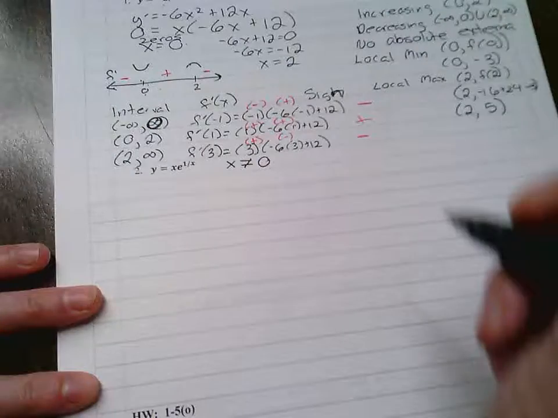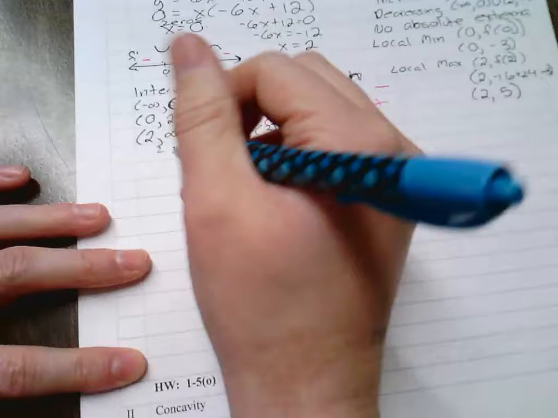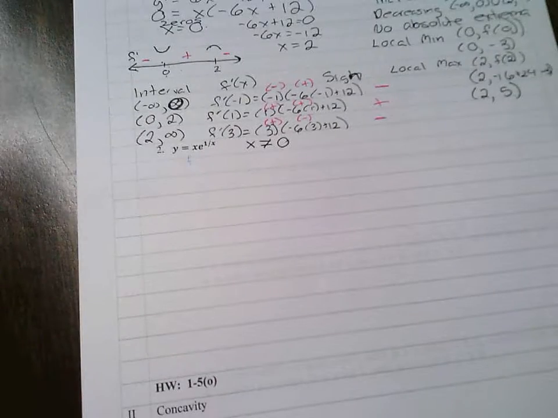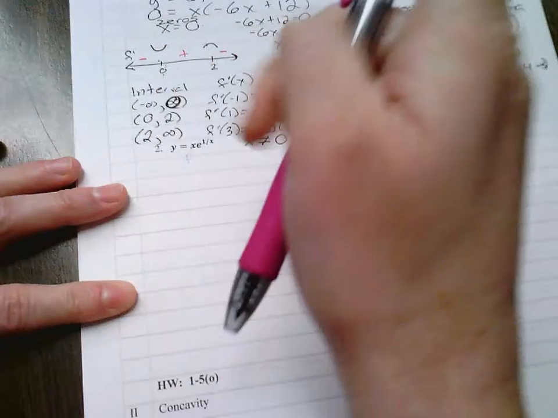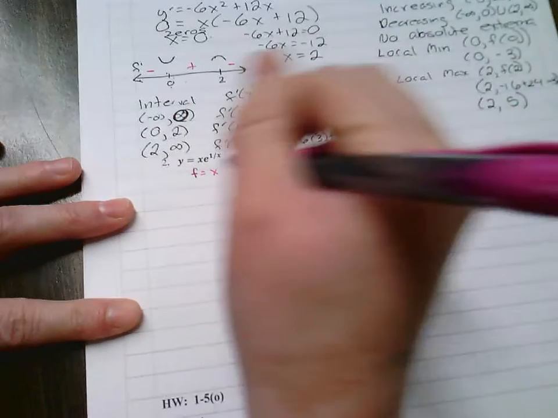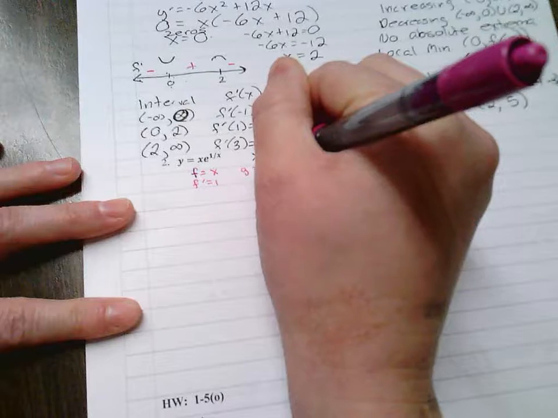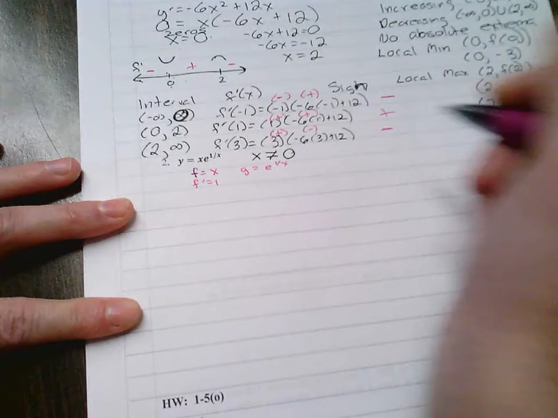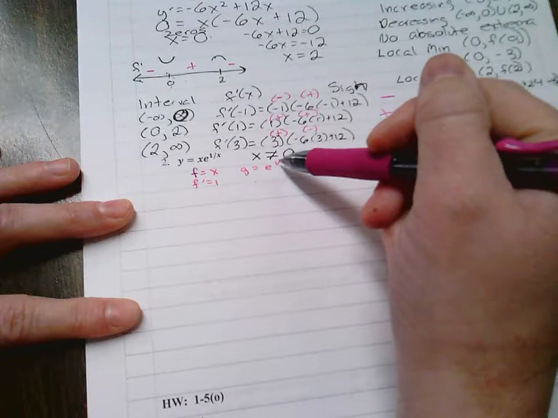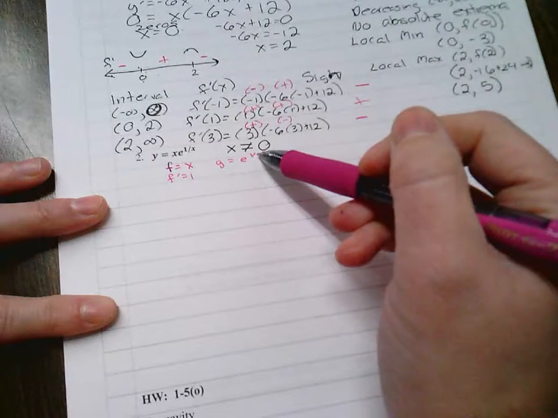Okay? Now we're going to do the product rule. F equals x, f prime equals 1, g equals e to the 1 over x. So that's e to the u. Just a quick reminder, the derivative of e to the u is u prime e to the u.